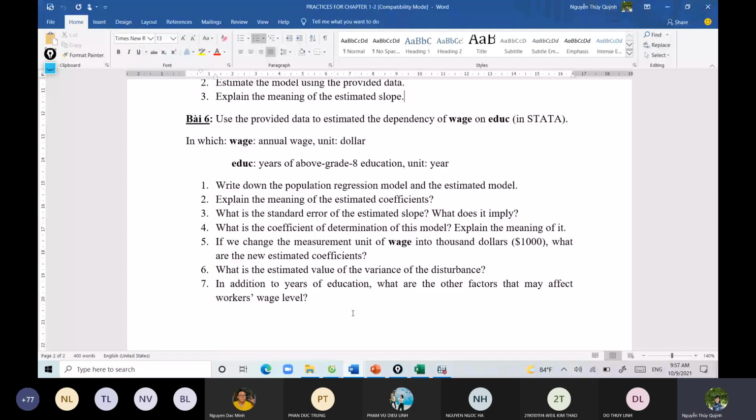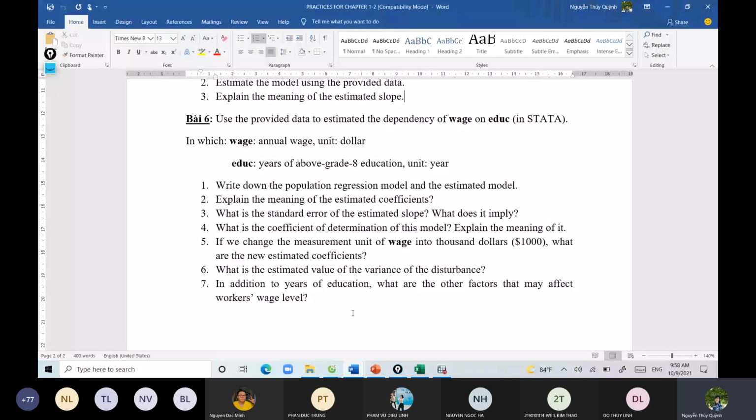So in a more ideal situation, when we have information and data on other factors that affect the value of wage, we can construct a model that has more than one independent variable to explain the wage.